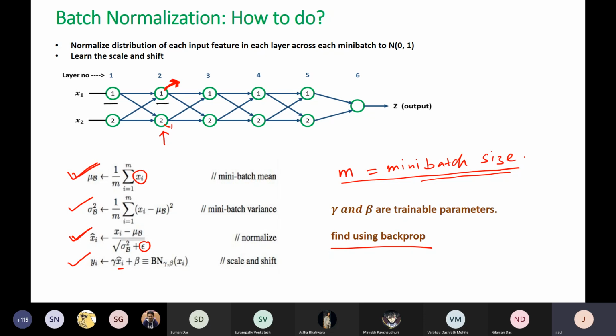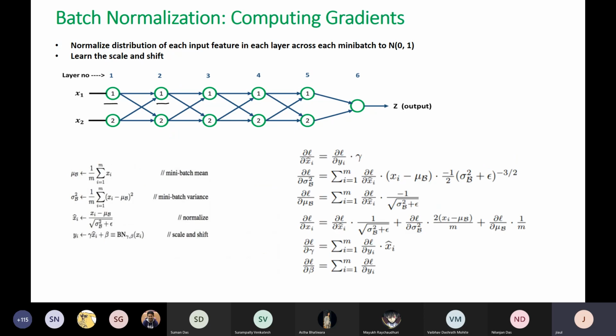Now, more or less this is the formula that we have here. These are simple derivatives. I am just showing you in case you wanted to know it. Because we have this formula on the left side, we can straight away apply it to compute the partial derivatives of all the things here.